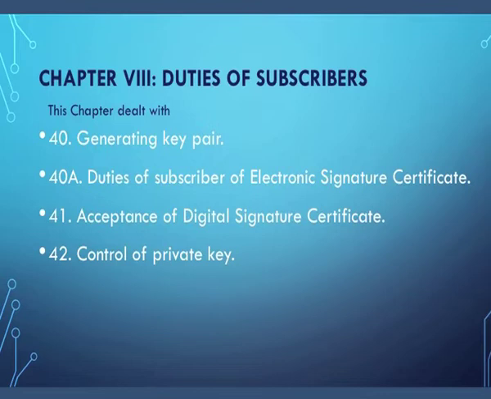Chapter 8 deals with duties of subscribers. As per the Act's provisions, the subscriber will have to generate the key pair, accept the digital signature certificate and retain control of the private key.